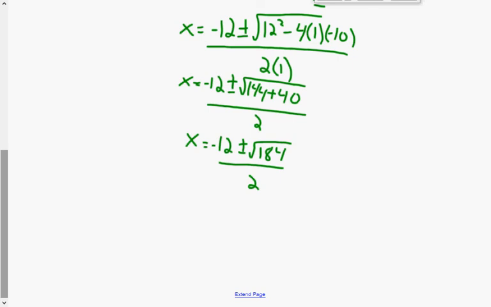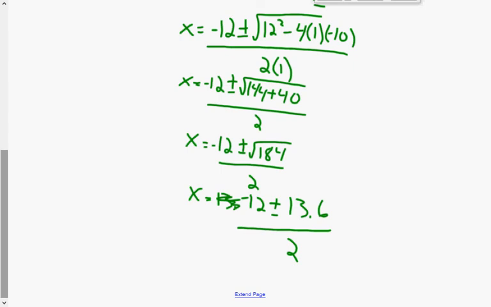If I take the square root of 184, that's negative 12 plus or minus 13.6, all divided by 2.